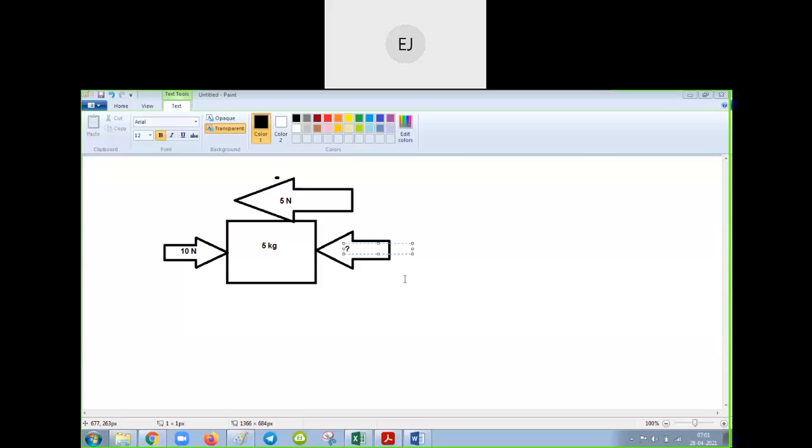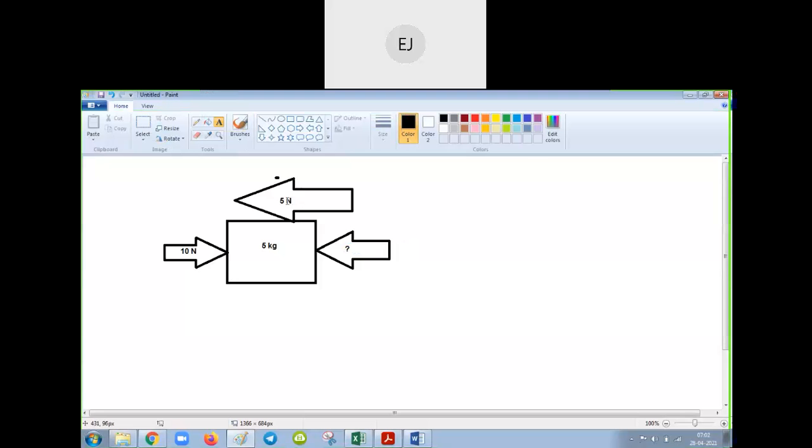Left side, if you want 5 Newton, then left side acceleration you will get 1 meter per second square. Then 10 Newton they said they are applying on the right side. So left side how much do we have to apply? You have to have a 5 Newton net force.